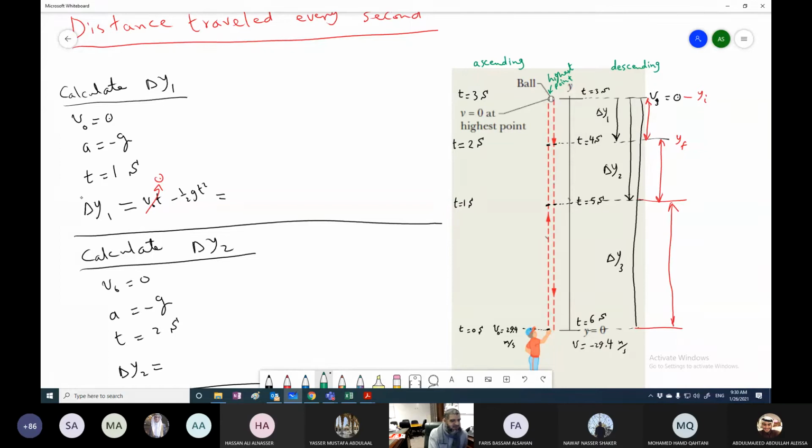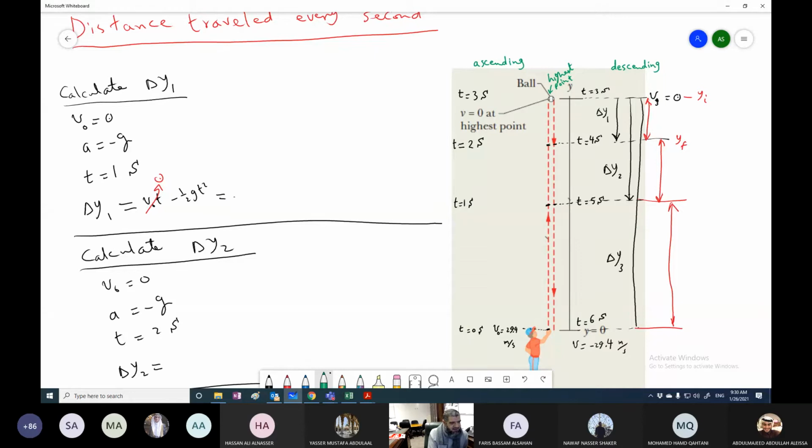What is delta y1? I will use the second equation of motion. Delta y equals v0t minus 1/2 gt square. Remember, this was plus 1/2 at square. I removed plus a and plugged in its place minus g. V0 is 0, so this term will go, and you will end up with the following.